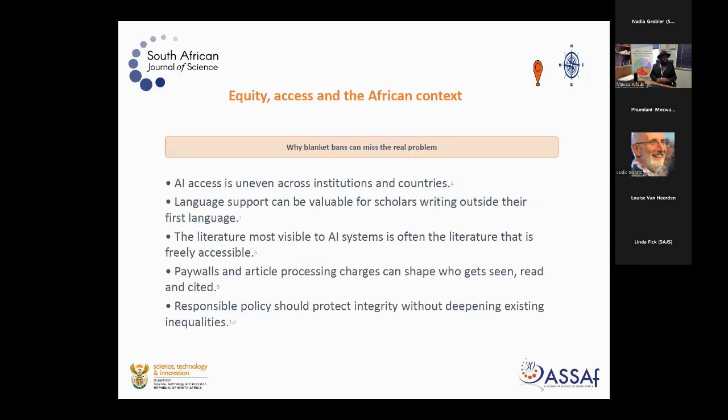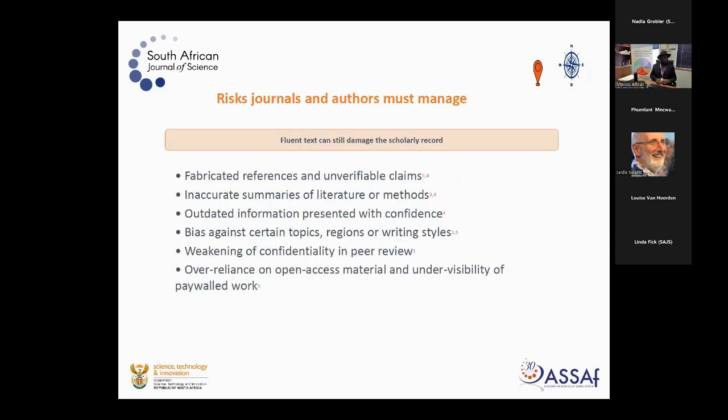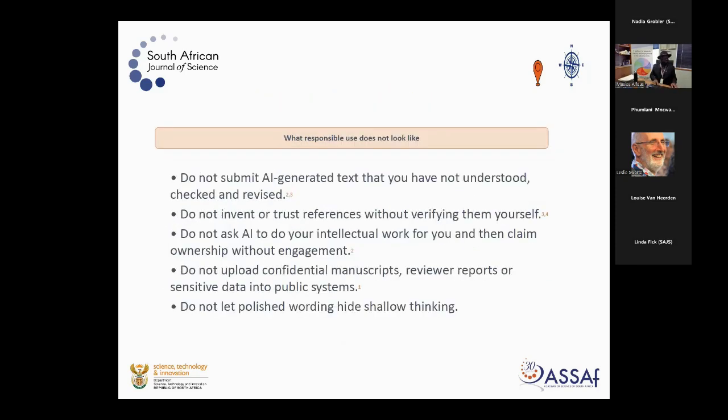And then here is what is not tolerated in academic research. Responsible use of AI is not about submitting a manuscript of AI-generated text that you don't understand, that you cannot even explain yourself as a researcher or an author, and that you have not revised.